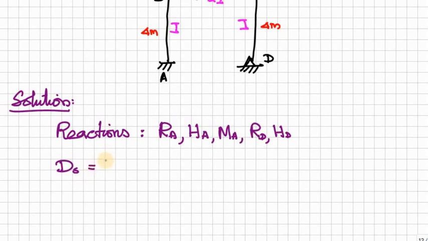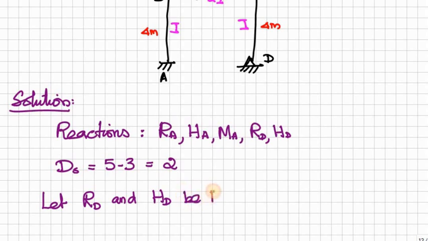Therefore, ds is equal to the total number of reactions, that is 5, minus the total available equilibrium equations, 3, so ds is equal to 2. Therefore, any 2 of the reactions can be considered redundant. But to simplify the computations and analysis, we will choose the reactions which will make the entire structure stable, somewhat like cantilever portions.